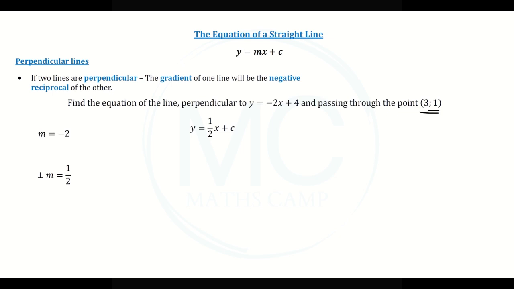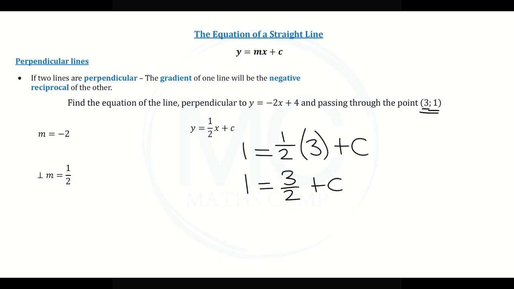The y coordinate is 1, so we say 1 is equal to m, 1 over 2, multiplied by x, which is 3, plus c.